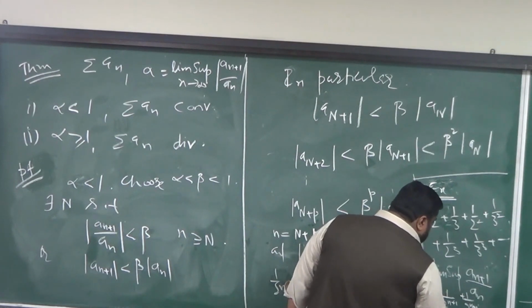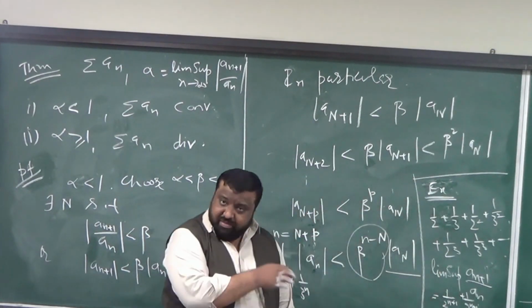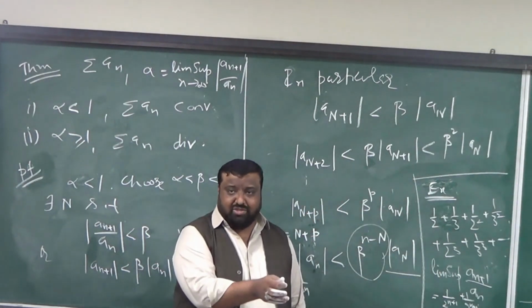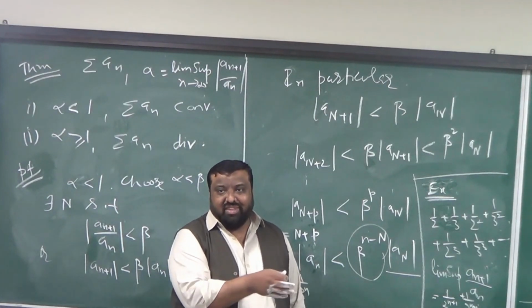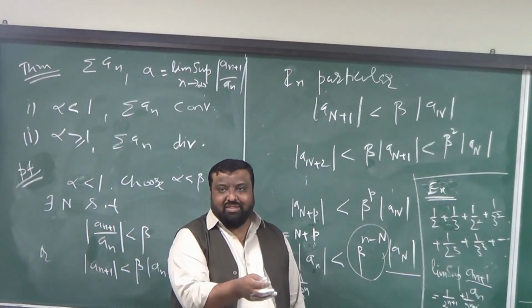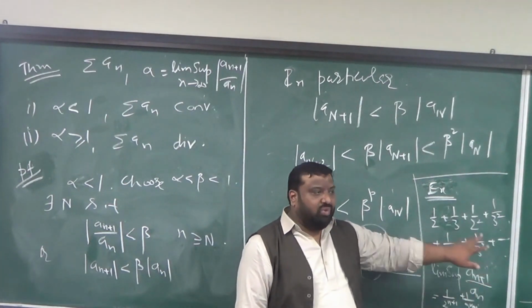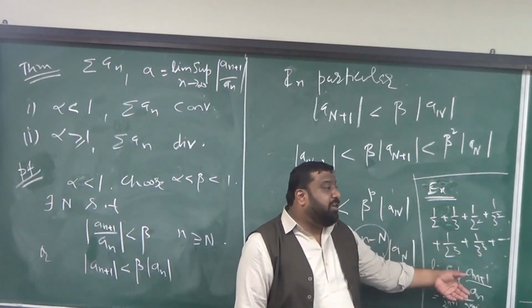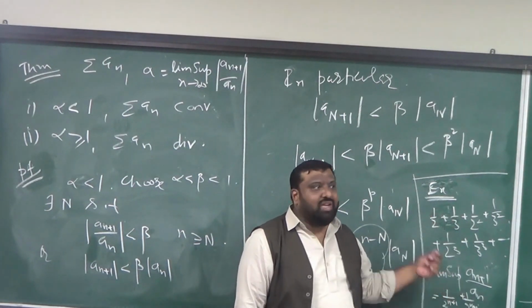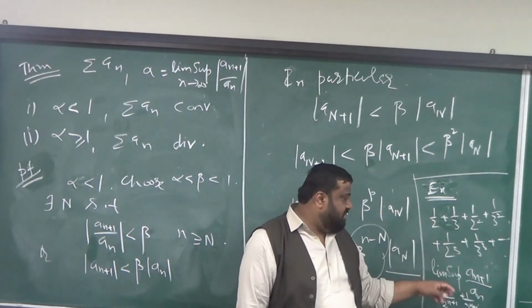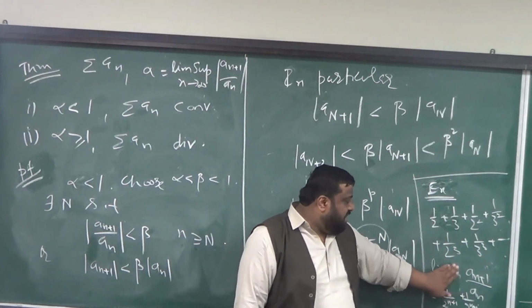In the first attempt, you just take the limit. If the limit exists, there is no need to take limsup because that is going to be equal to limsup actually. But if the limit doesn't exist, then you have to think about limsup. What would be the limit of this guy?